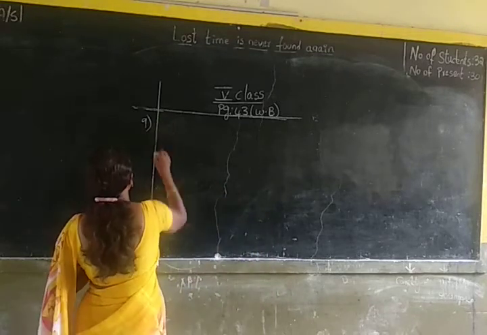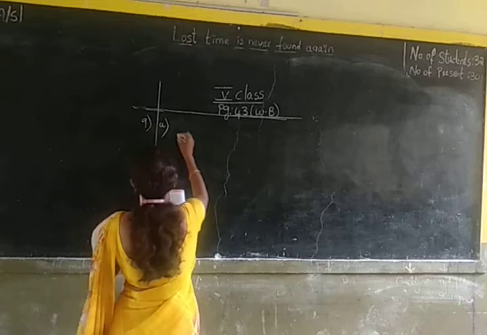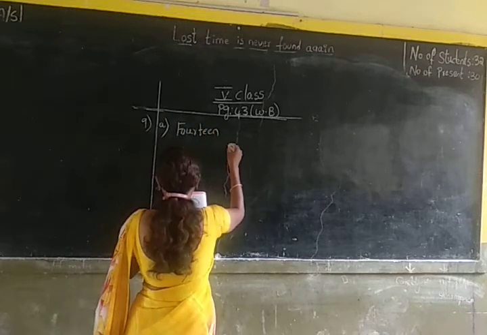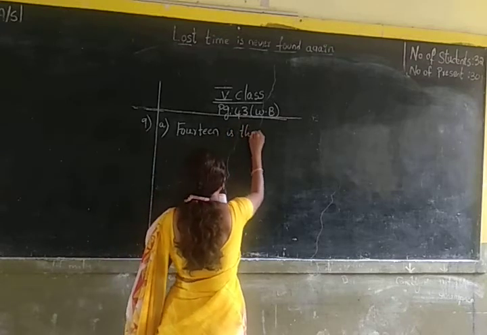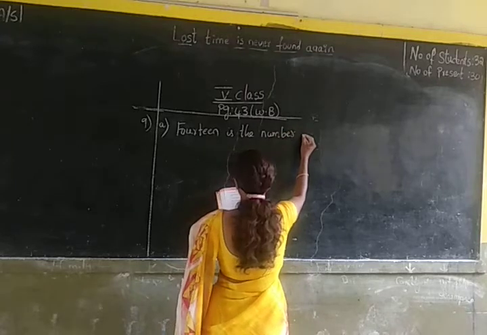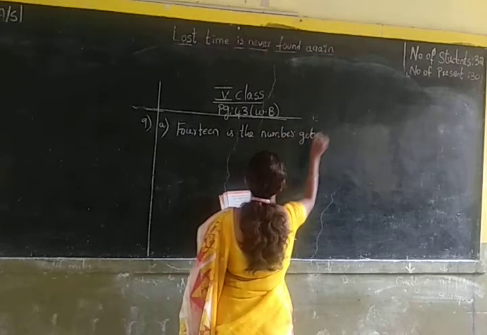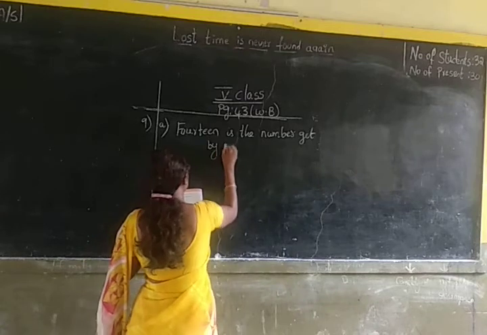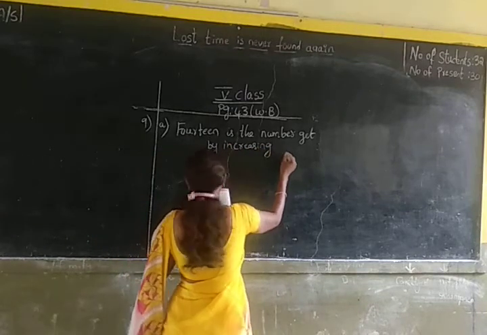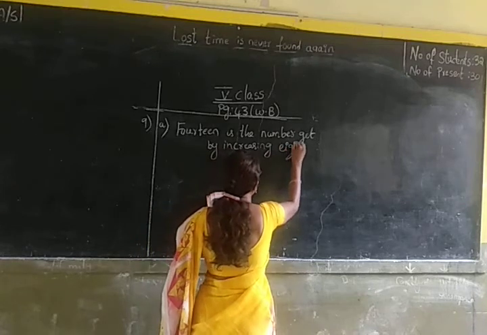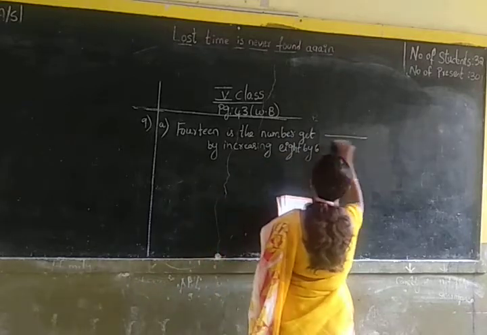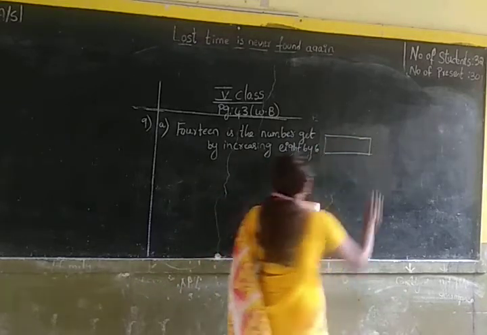The first one is: 14 is the number got by increasing 8 by 6.